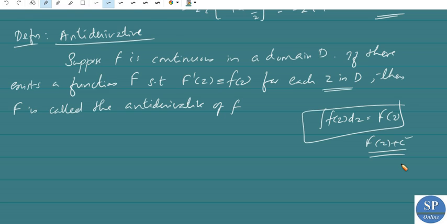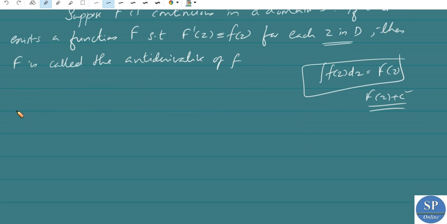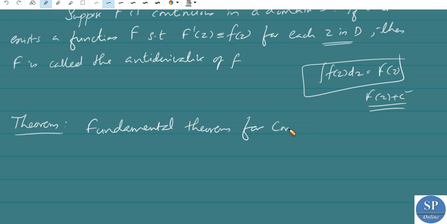Now we have the fundamental theorem for contour integrals. Fundamental theorem for contour integrals. This is also as in the case of functions of real variables.